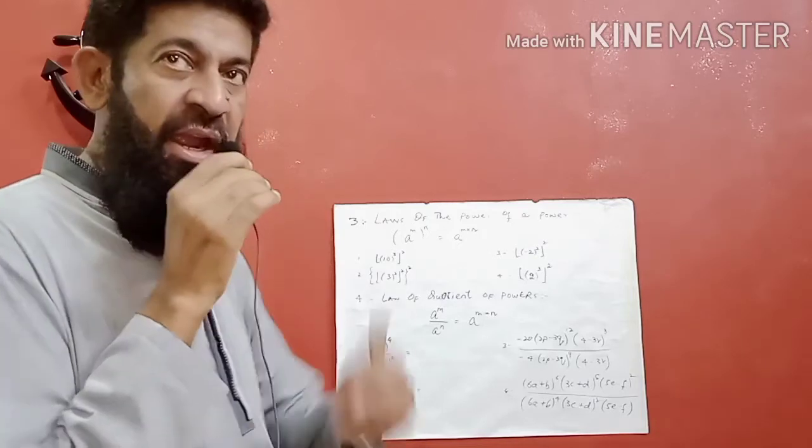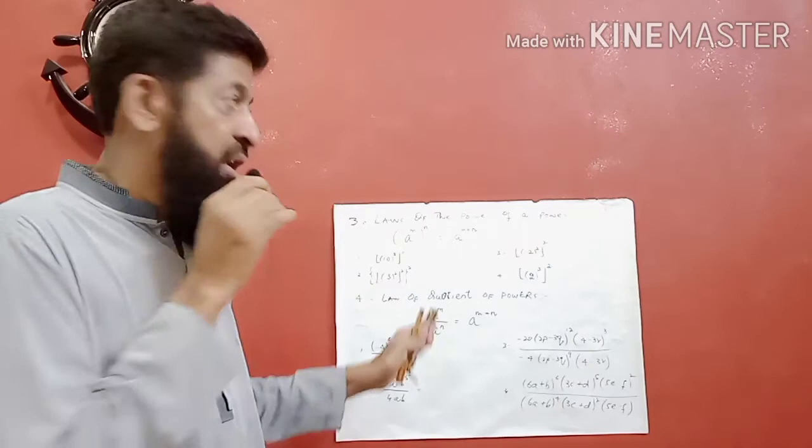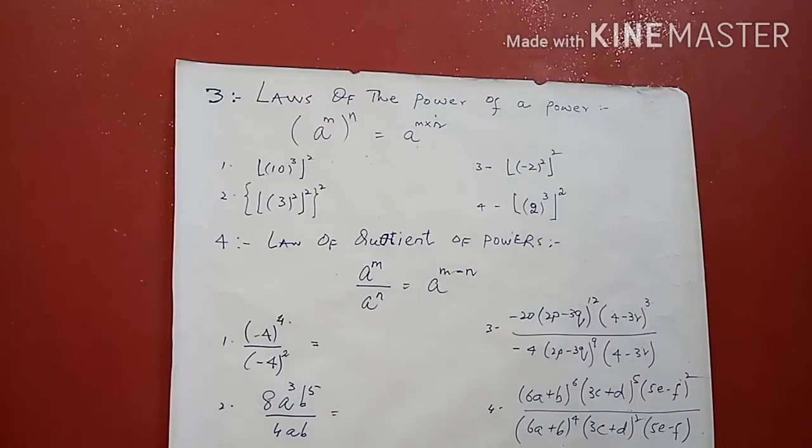As we look at the board, law number 3 is the law of the power of a power: a raised to power m raised to power n. If we expand this, it is a raised to power m multiplied by n.